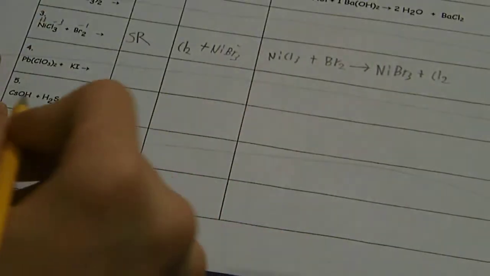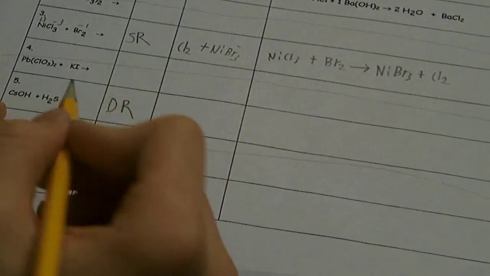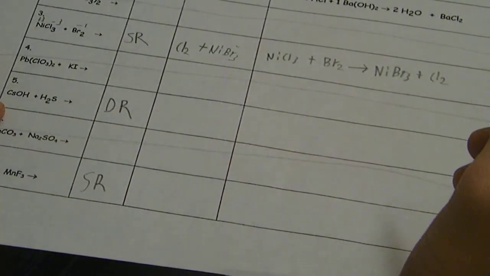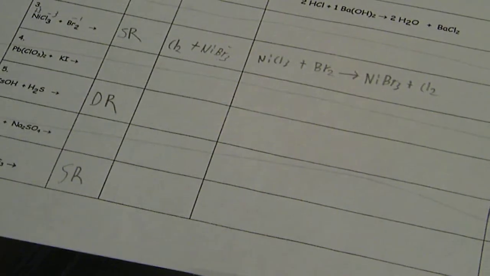Moving on to number 5, we have CsOH plus H2S. So that's going to be a double replacement because you have 2 compounds. So then here we write the formula of the products. First let's check the charges.